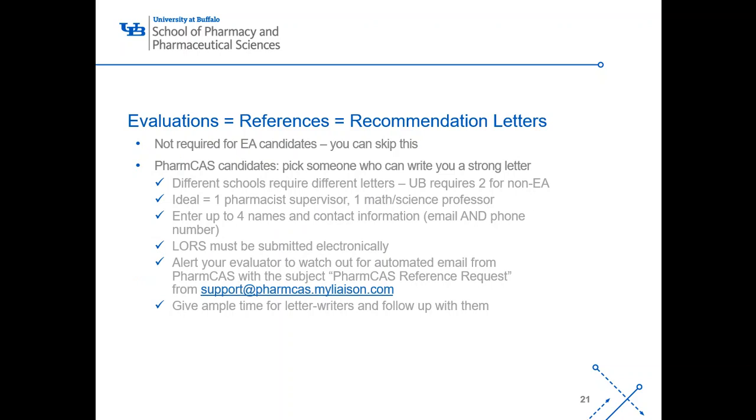The ideal references are a pharmacist supervisor and a math and science professor. But if you don't have that, that is okay. You need to submit 2 letters. So if you have a social science professor, if you have a non-pharmacist supervisor, these would also be appropriate people to ask. You can enter up to 4 names. At UB, we only require 2, and they must be submitted through PharmCAS.